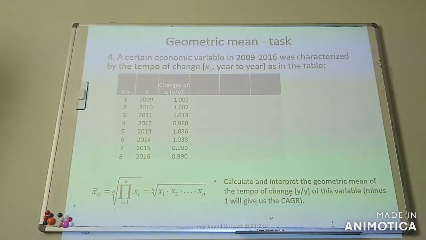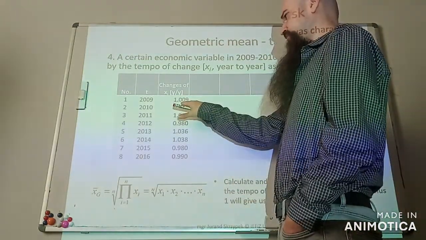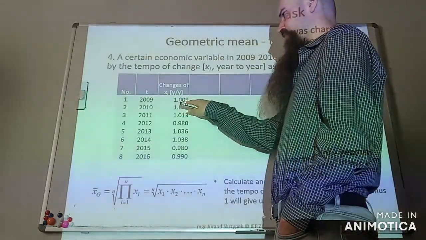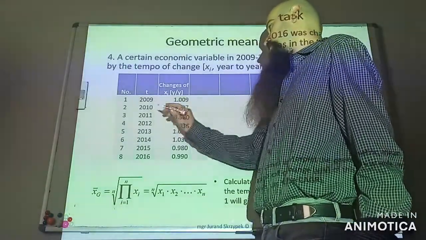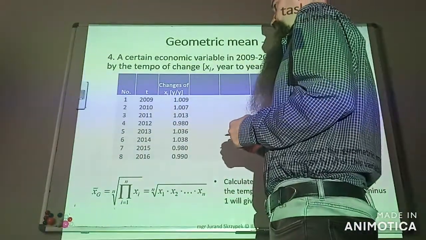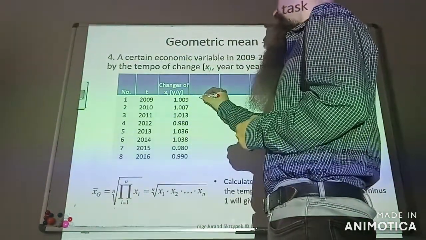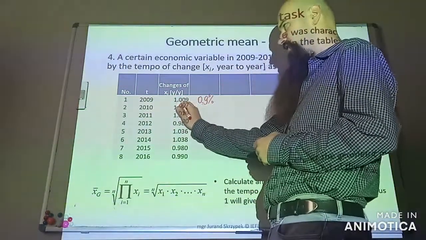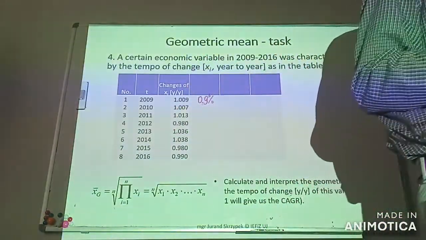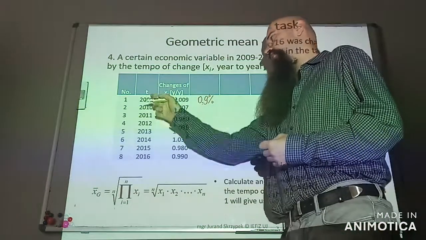The first value, 1.009, means that in 2009 the value of our variable was 0.9% higher compared to the previous year 2008.